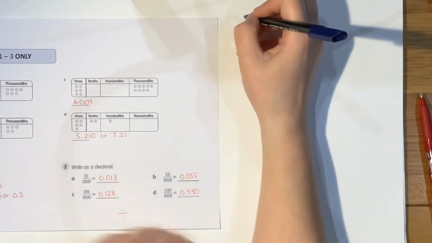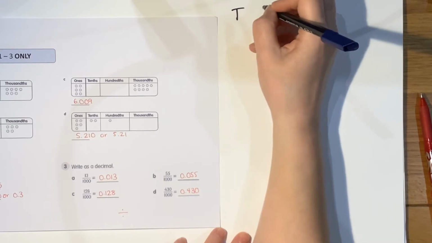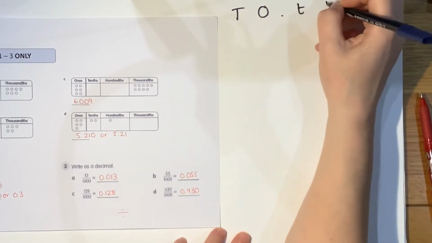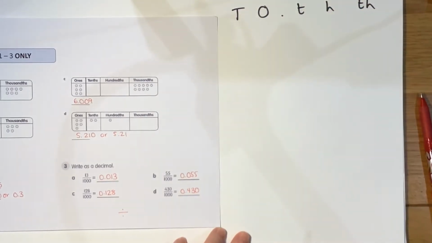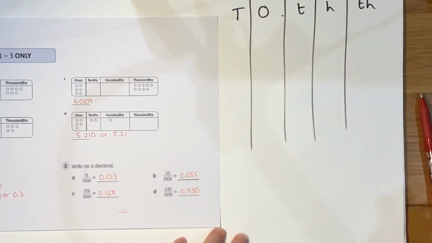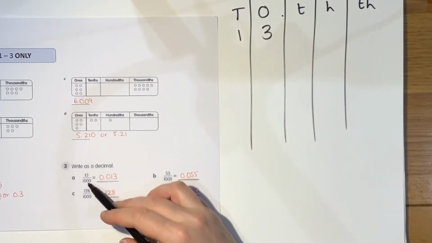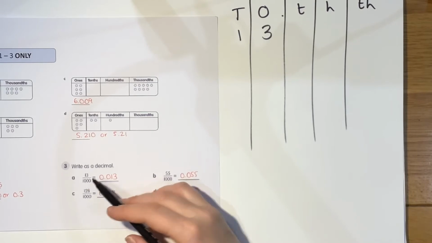And I'm just going to remind you, because it's always worth reminding of this one. It's something we are very good at forgetting. If I've got my place value grid here, very quickly drawn one. If I start with 13 and I divide it by 1,000, we're going to go 3 places to the right.